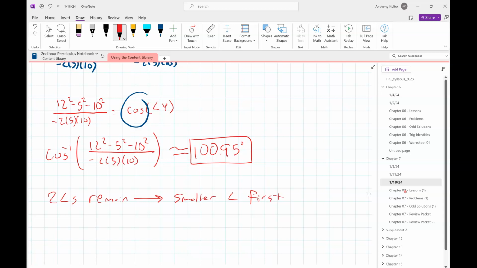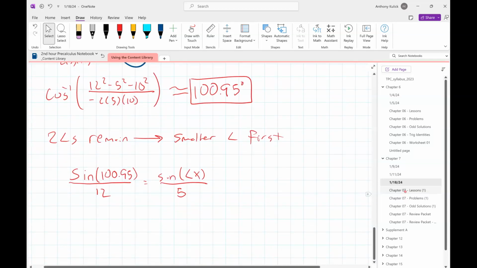Or what I would prefer to do is do a law of sines here. Because I know angle y, I can do sine of angle y over side y equals sine of angle x over side x. Now I'm going to cross multiply, divide by 12, and do the sine inverse of both sides to get the angle x by itself. Ellie, is it okay if I do that all in one step?